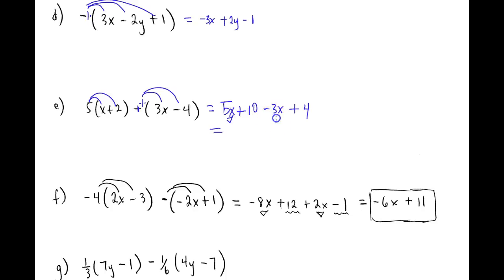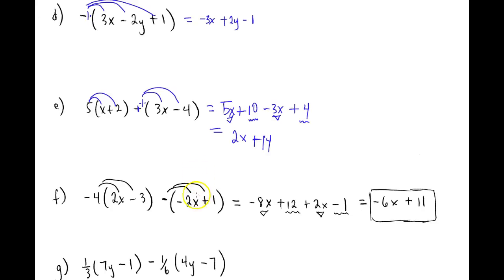We know that 5x and -3x are like terms, so 5 minus 3 is 2, so we're left with 2x there. And of course 10 and 4 are like terms, so 10 plus 4 is 14. And that is the final answer on that.